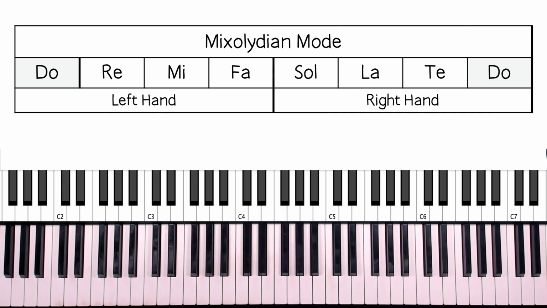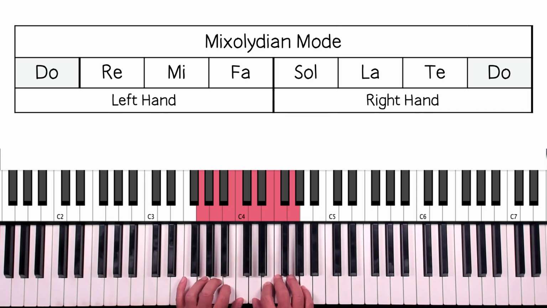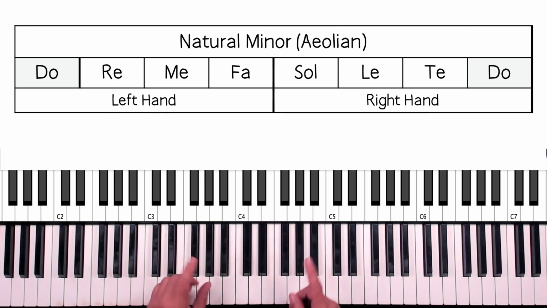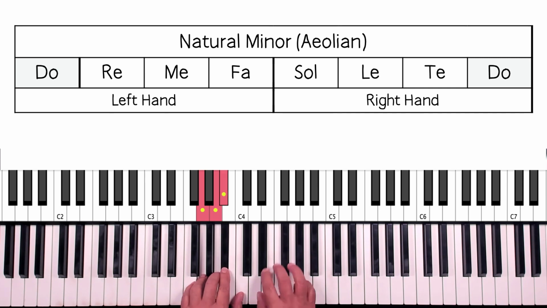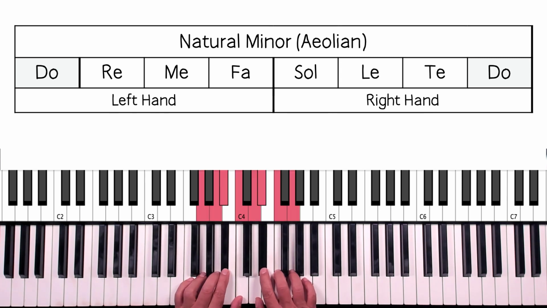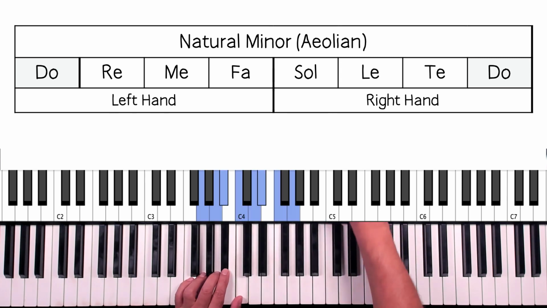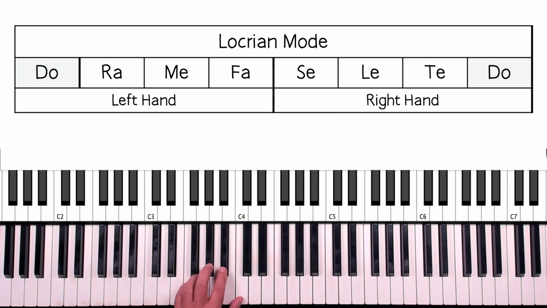Now we have a Mixolydian mode. Do, re, mi, fa, sol, la, ti, do. And then we relax and we chill. Yeah, this is very important. Now, natural minor, Aeolian mode. Do, re, mi, fa, sol, la, ti, do, cluster. And we have our Locrian mode.